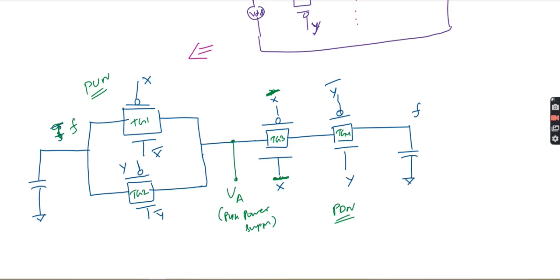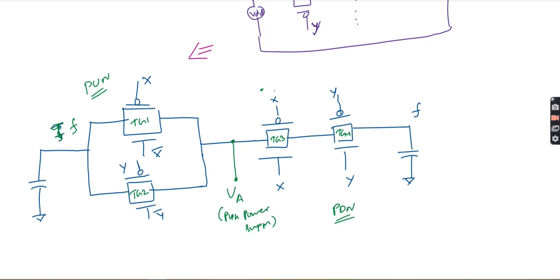So let me write. X and X bar, Y and Y bar.